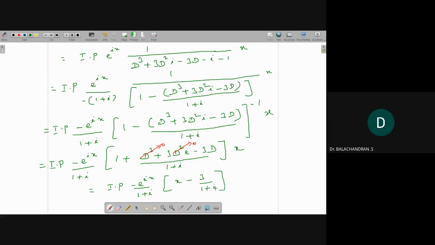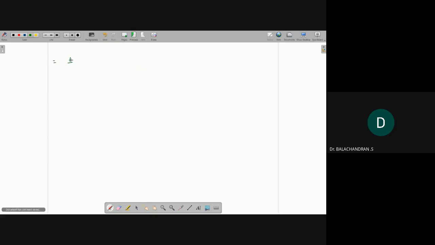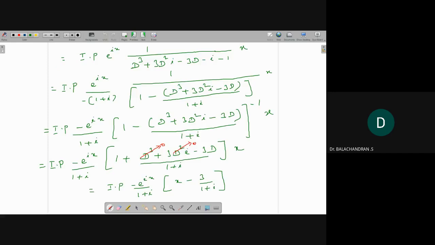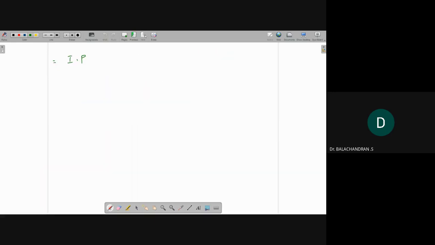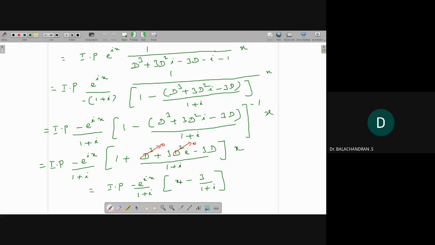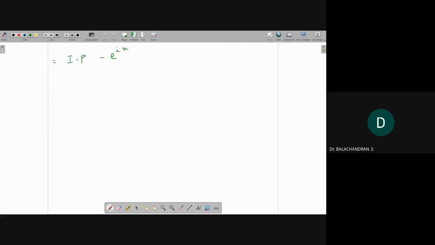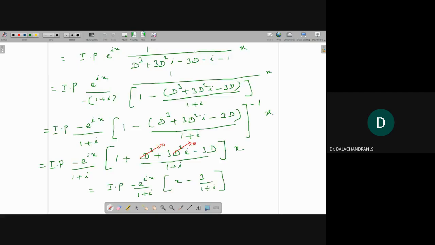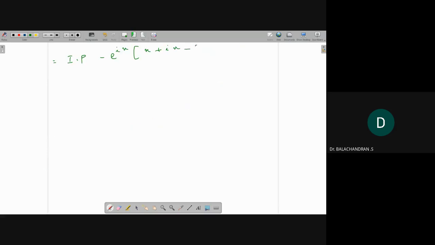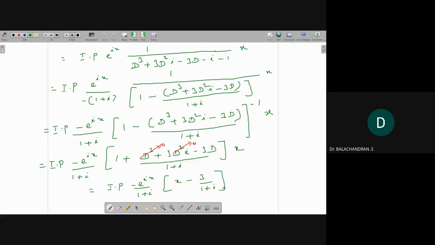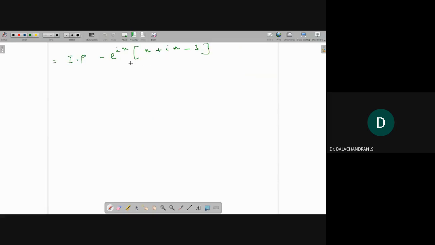Okay, now take 1 plus I, x I is LCM. Minus of minus e power ix, minus e power ix multiply by here. So x into 1, x plus ix, x plus ix, x plus ix minus 3 divided by 1 plus I, here also 1 plus I, so 1 plus I whole square.